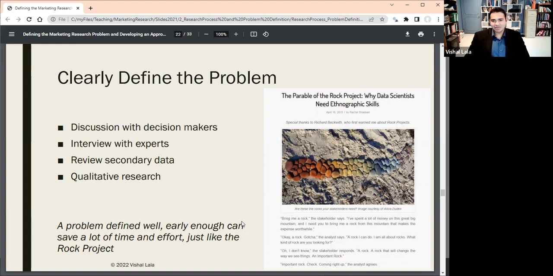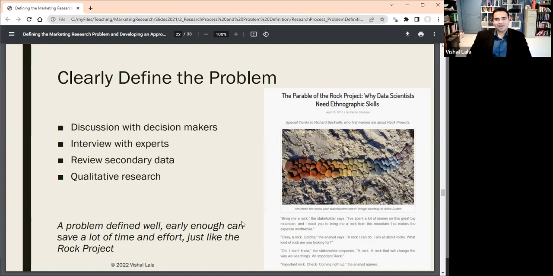She couldn't believe she had not taken the trouble earlier to dig deeper to find this rock. Having found this rock, she went back to the decision maker and showed the rock to him. He looked at the rock and said, wow. She was happy for a moment, but it only lasted a moment, because the rich stakeholder then said, this is a good rock, but not what I'm looking for.